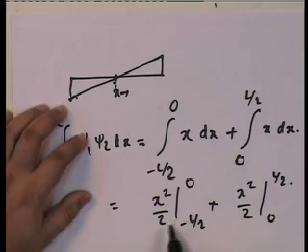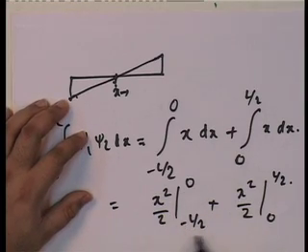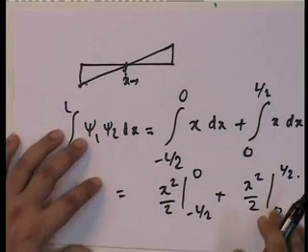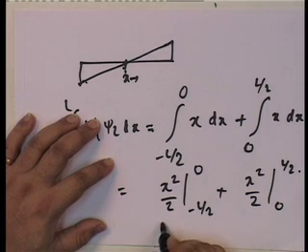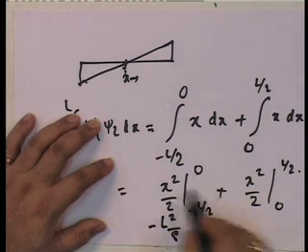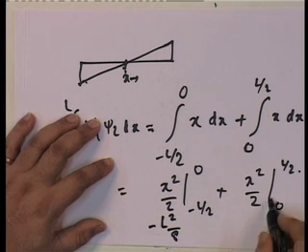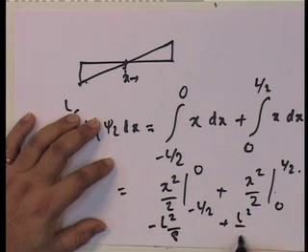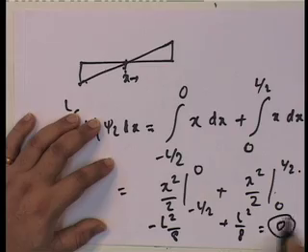So, this becomes 0 minus this, L squared upon 8, but minus, because this is minus this, and this one over here is L squared upon 8. So, this one is 0.